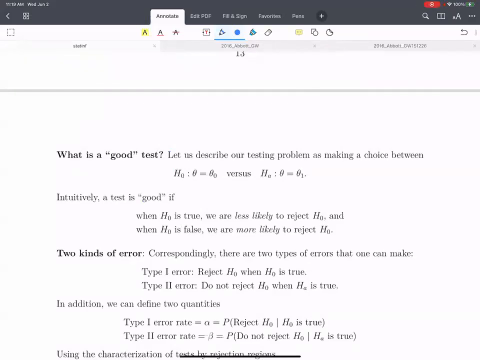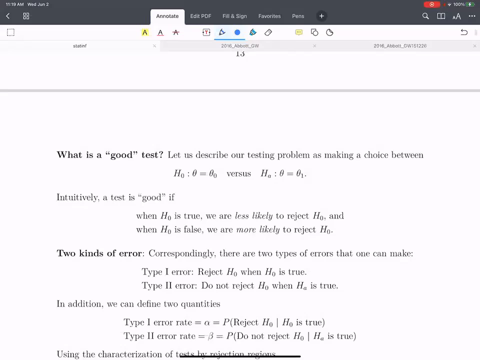A good test will not reject the null if the null is true. If the null is false, then a good test is more likely to reject the null, to make the right decision. If the null is wrong, we want to reject the null. If the null is true, we want to keep the null. We do not reject the null.